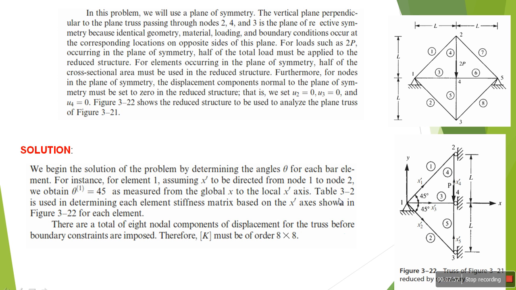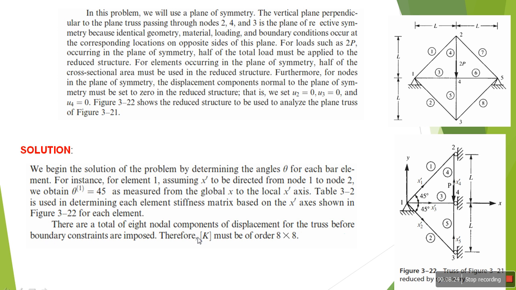Table 3.2 is used to determine each element stiffness matrix based on the x dash axis shown in the figure for each element. There are a total of 8 nodal components of the displacement for the truss before boundary constraints are imposed.